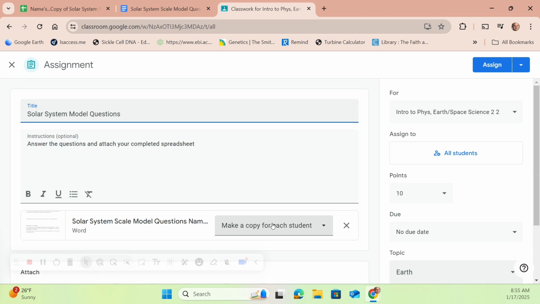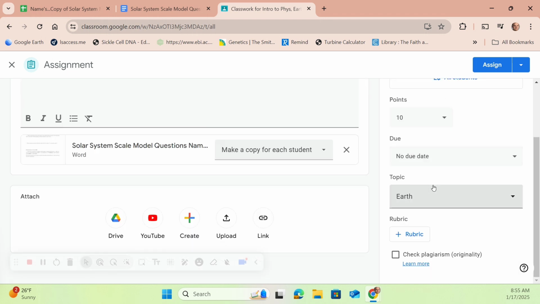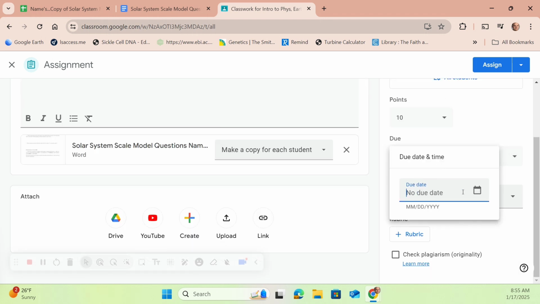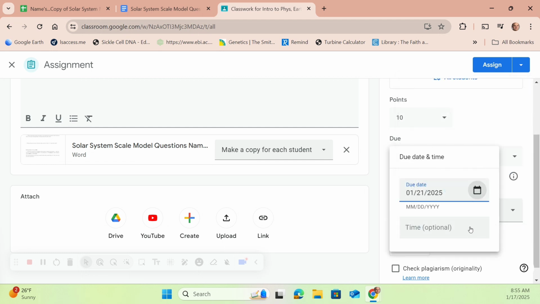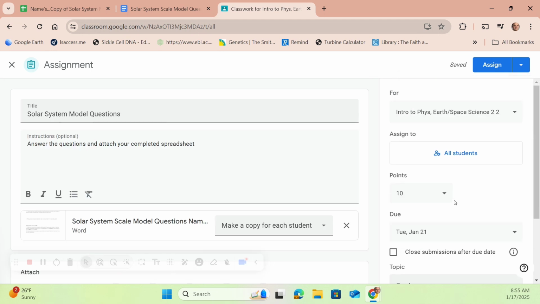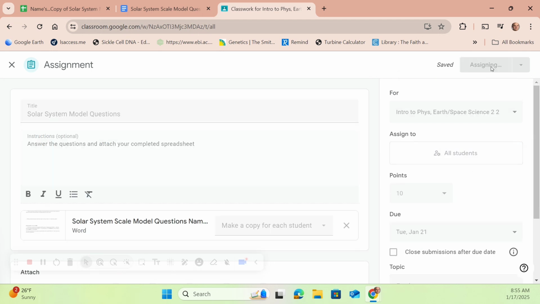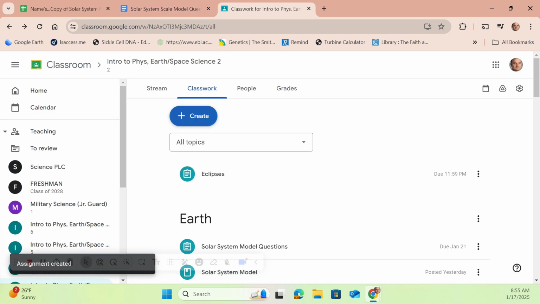But you will need to attach your spreadsheet from yesterday. Double check it, make sure it's good, okay? Let me hit this. Due date, we're going to say next Tuesday, but you'll probably finish today, maybe. There we go. 10 points, sure. And assign.